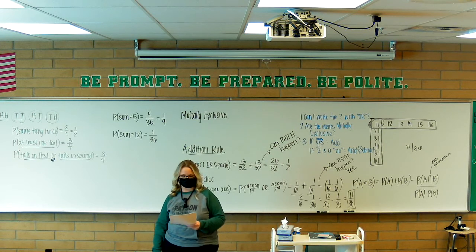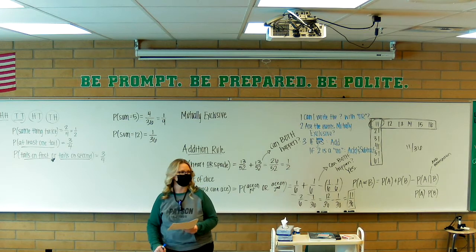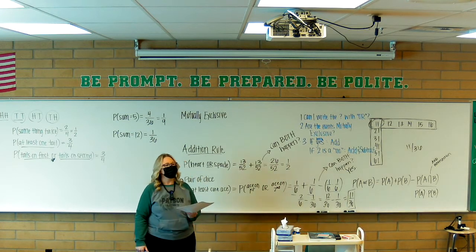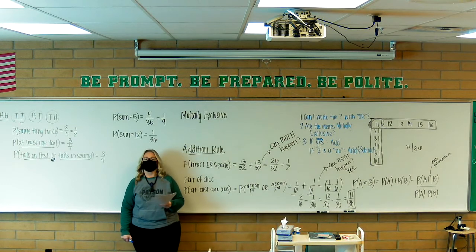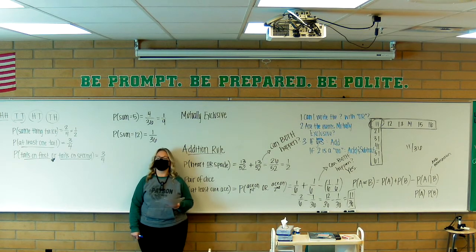Okay, next question. When should I add probabilities and when should I multiply? What did we learn today? We add probabilities when we encounter the word or. When do we multiply?